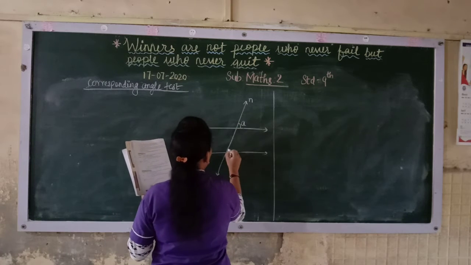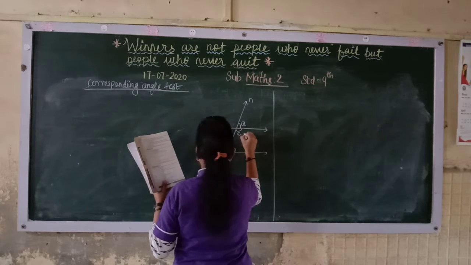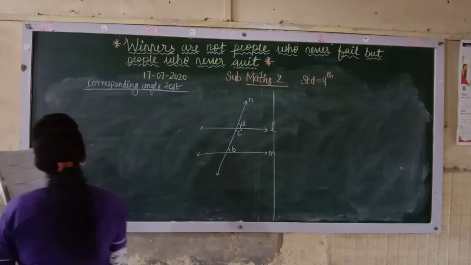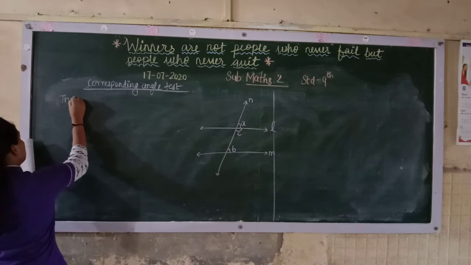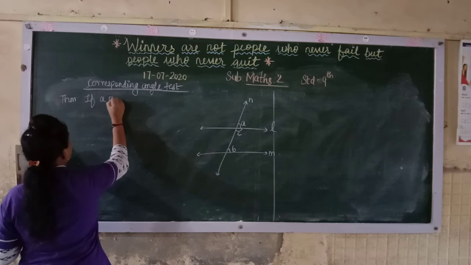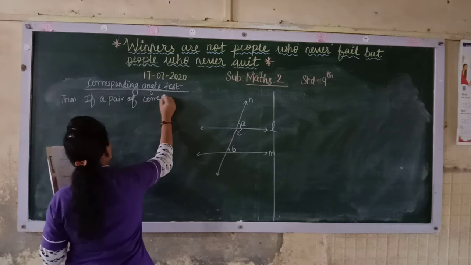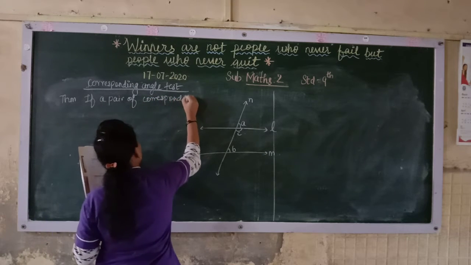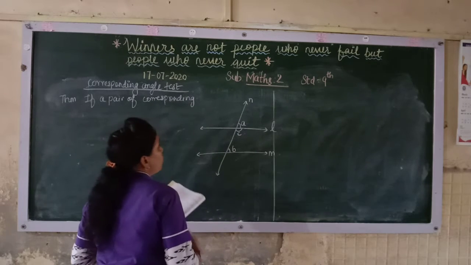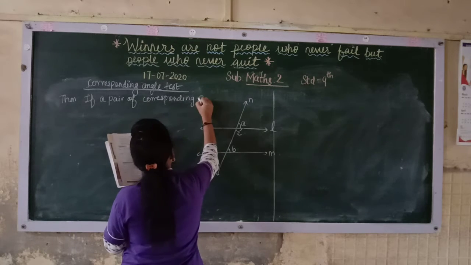So A and B, they are corresponding angles. But you need your angle C for proving the theorem. So here you will get L and M. So now we have to write the theorem. Corresponding angles are angles like a staircase. If you step over here, next you will step here. So your corresponding angles are A and angle B.